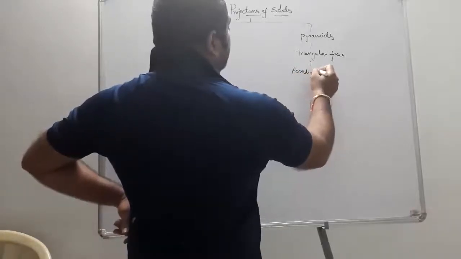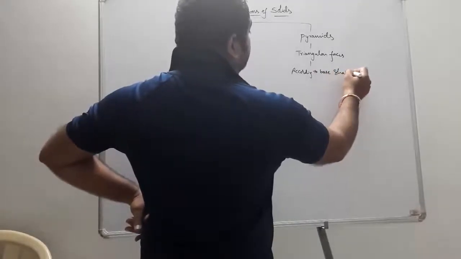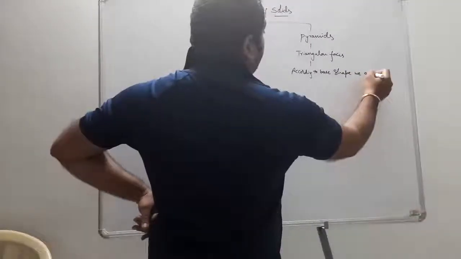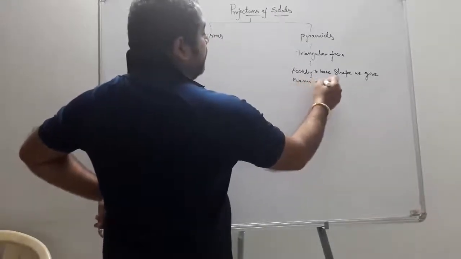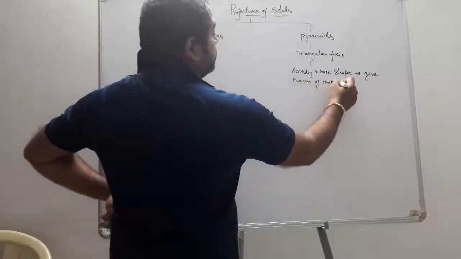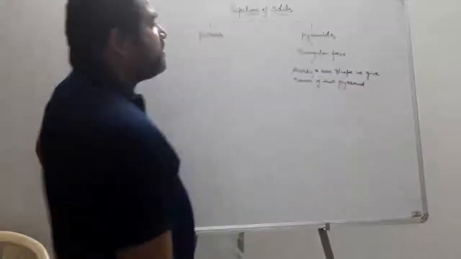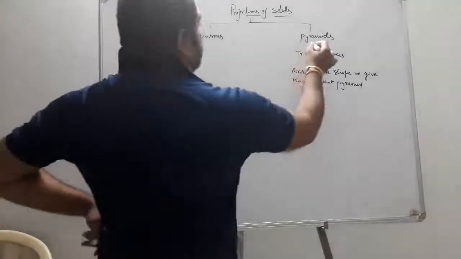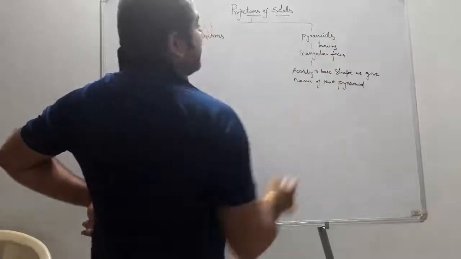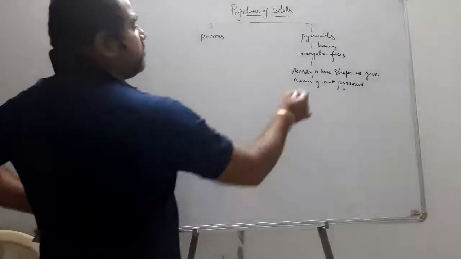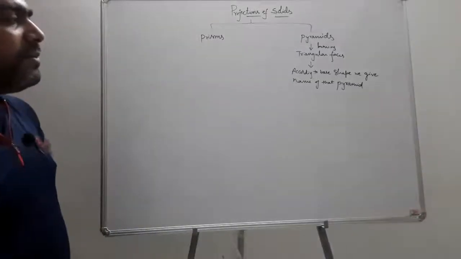According to the base shape, we give the name of that pyramid. So that means pyramids have triangular faces, and according to the base shape, we give the name of that pyramid.